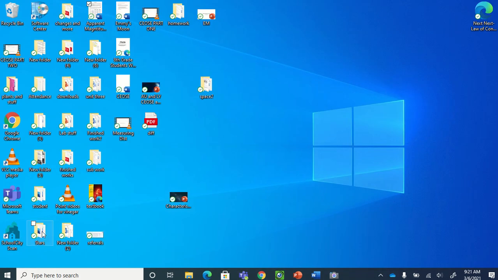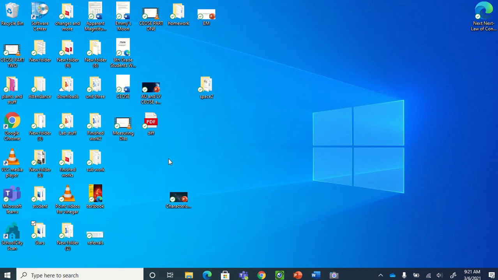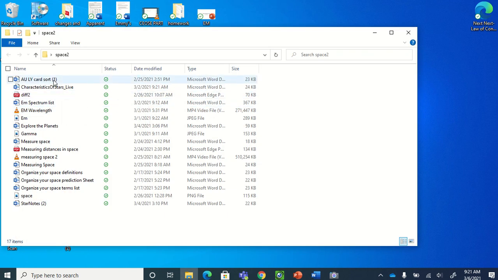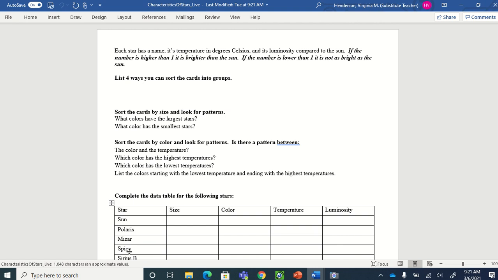Then we had another one that we worked on later on this week. Here it is. So this one here is what we worked on. For the kids who were in class, it's blue. For you guys online, it's white.